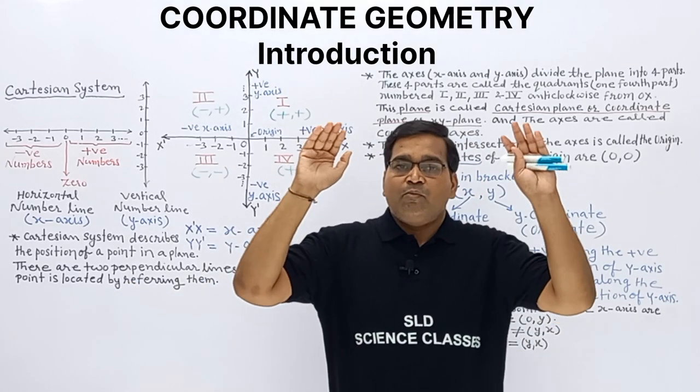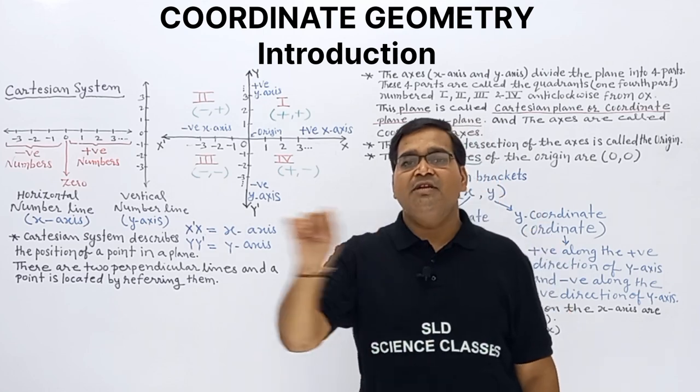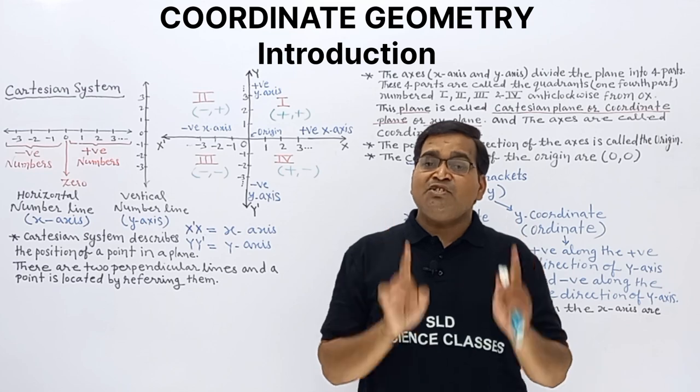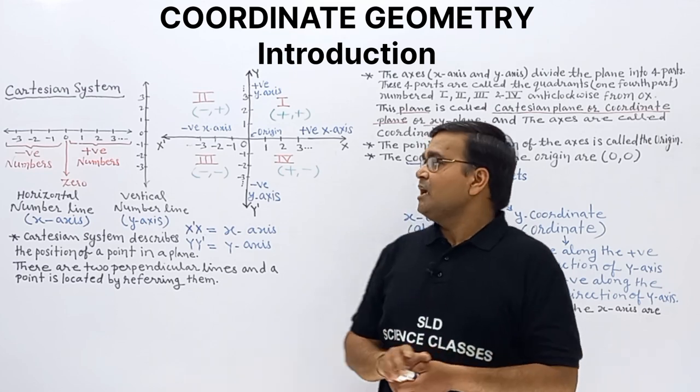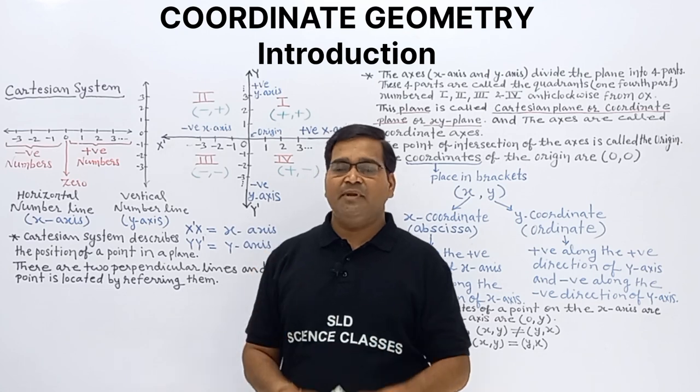But what is the use of this number line? We have two types of number lines: the horizontal number line and the vertical number line. Clear? Listen carefully.